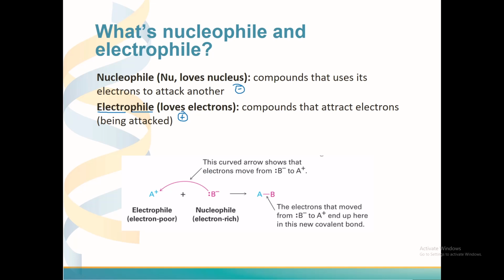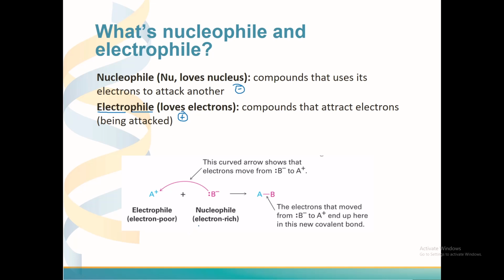Here you can see the curved arrow. Remember, the arrow always goes from electron to something. Its movement will always be from electron to something. As you can see here, this curved arrow shows that electrons moved from B negative to A positive. Thus, by definition, the B negative, which uses its electrons to attack another, becomes a nucleophile.